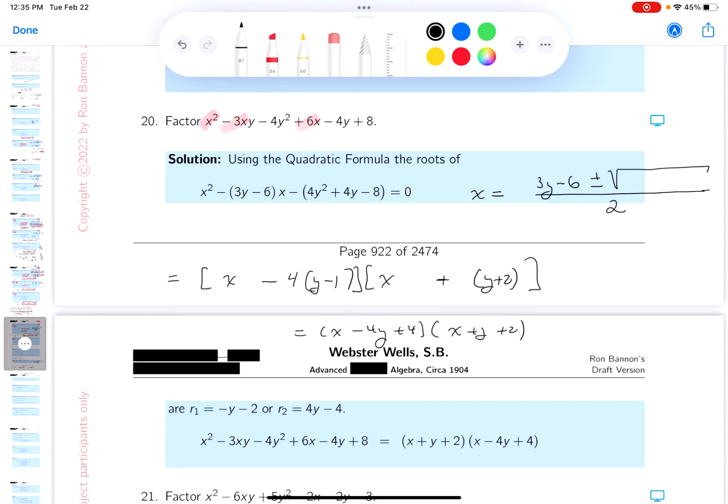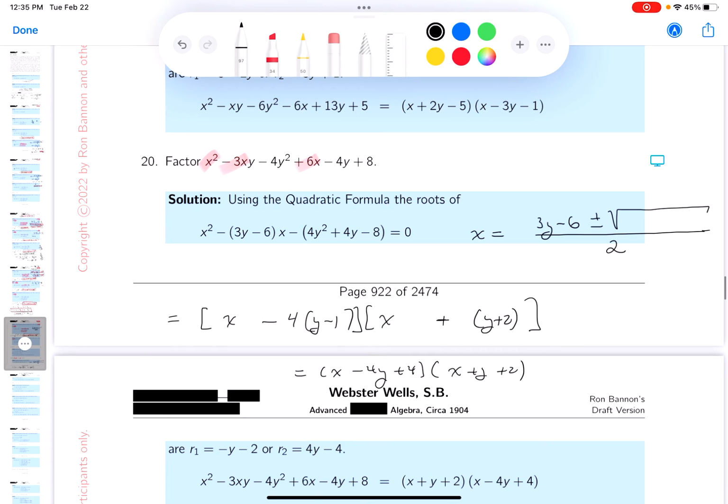So I got to be careful with this, and it's going to be the b squared. I'm going to do this on the side, by the way. That's 9y squared plus 36. I'm doing the b squared. This is the b. All right, so 9y squared plus 36. Then it's going to be minus 18, which is going to be, I'm squaring it, by the way, minus 36y.